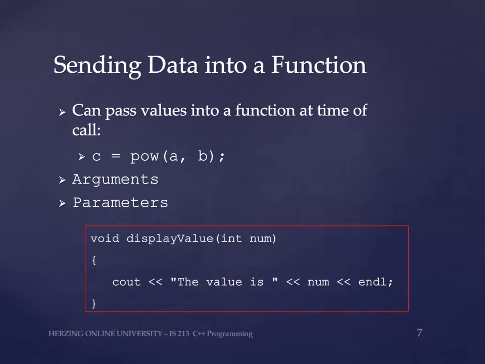In this code, the integer variable num is a parameter. This parameter accepts any integer value passed to the function. Remember that a parameter can also be called a formal parameter or formal argument, and an argument can also be called an actual parameter or an actual argument.